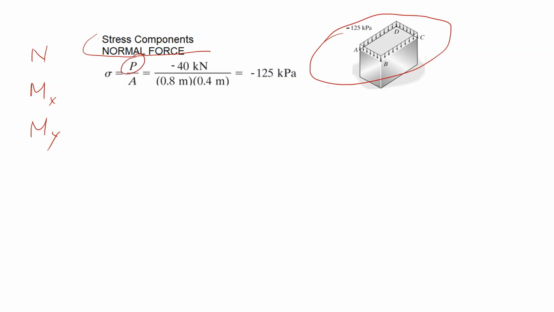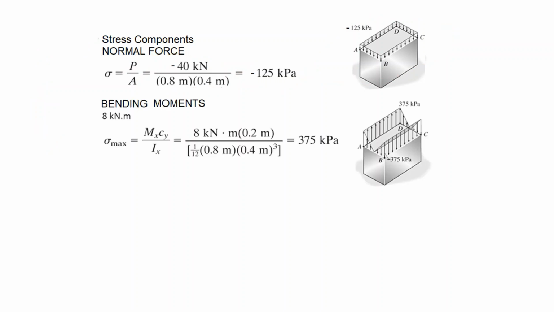First, the normal force, minus 40 compression divided by the area gives you minus 125. Next, the bending moments, the first one, the Mx. My x-axis is this one. As you see, on the x-axis, which is the neutral axis, the stress is 0, and since the bending is in this direction, we will have on the front wall a negative compression, and on the rear wall we will have a positive tension.